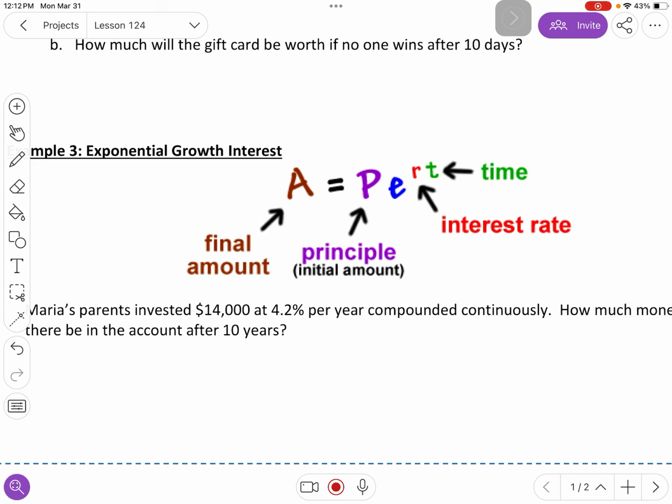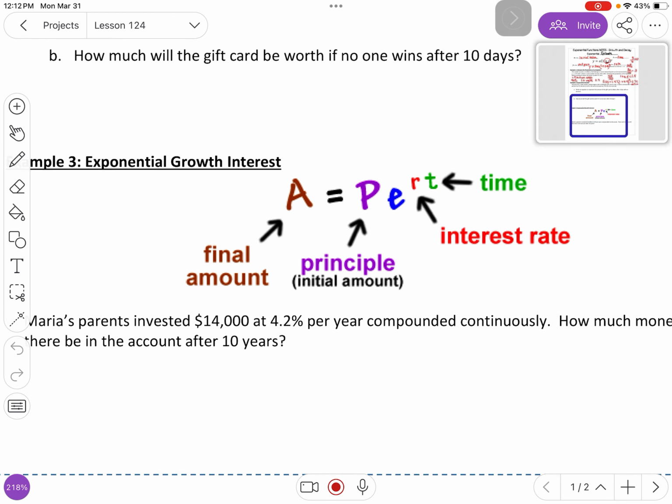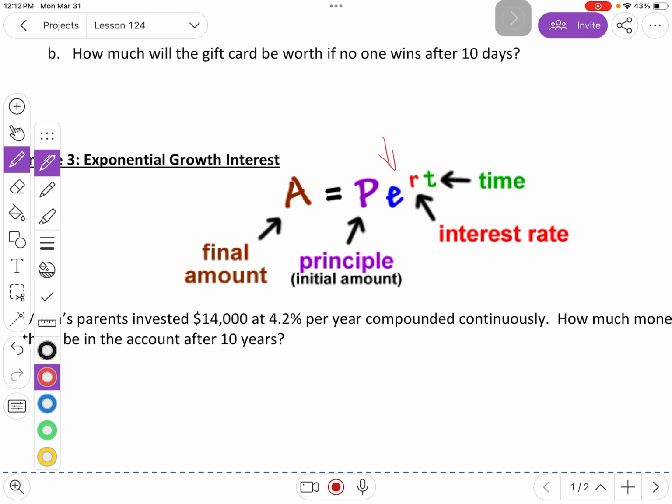So not just growing every day, and not just growing every minute, but growing every millionth of a second and approaching that limit. What you'll get is this special number, Napier's constant, 2.71828. Or just think of it as 2.71.